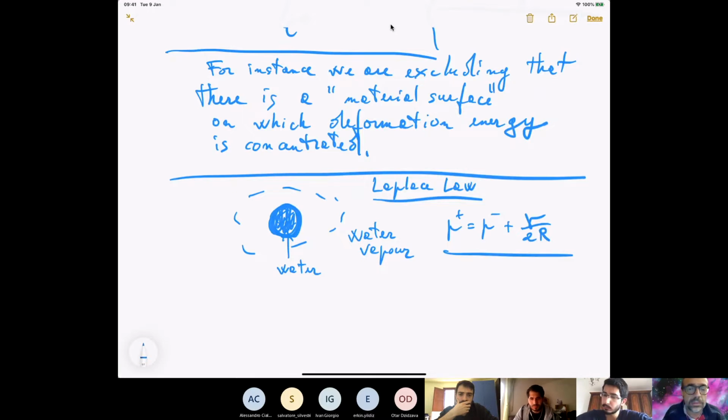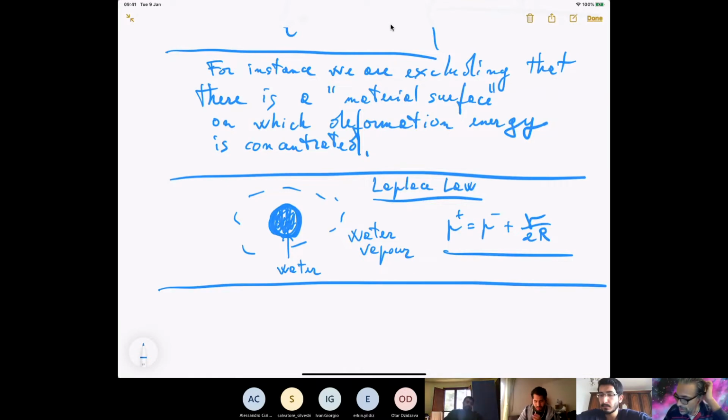So we know that there are some physical situations in which you have a material surface on which you have concentration of energy. Okay.